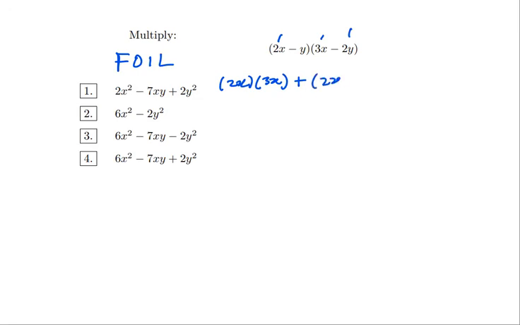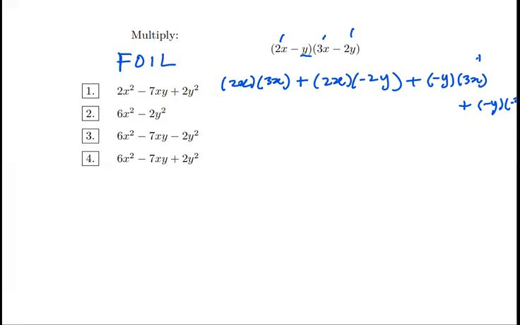So that's 2x times negative 2y, plus I for inner term times inner term, so it's negative y times 3x. And then the L is for last, so we want to do plus last term times last term: negative y times negative 2y. Yeah, negative 2y. Good.